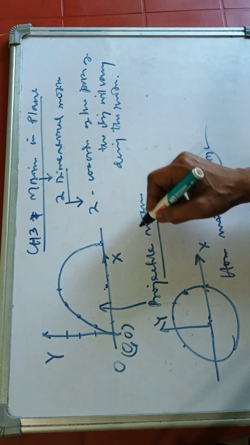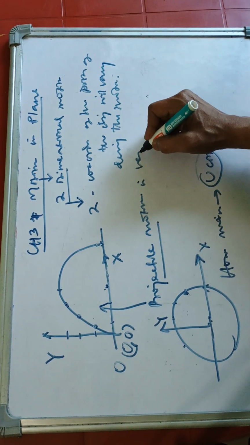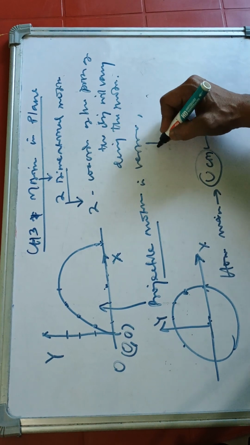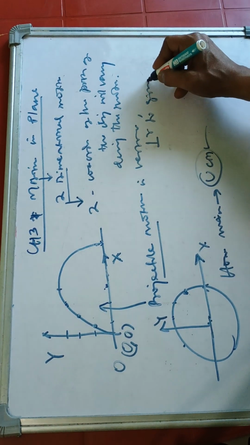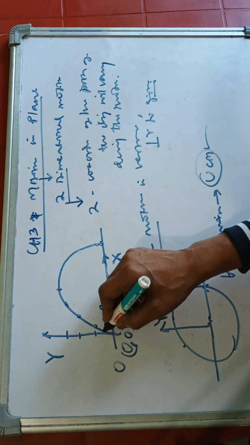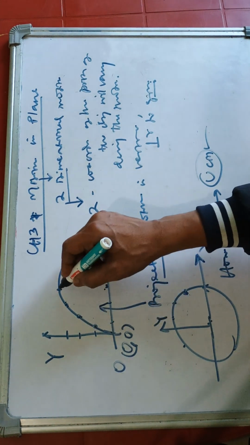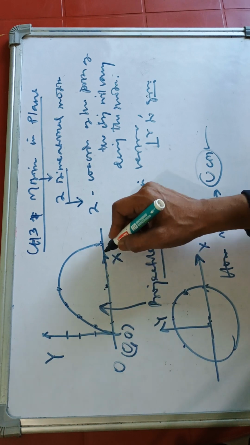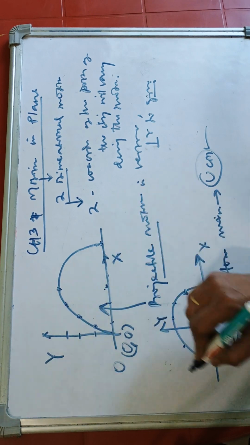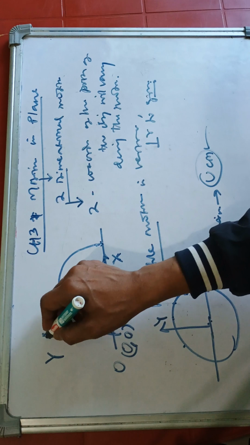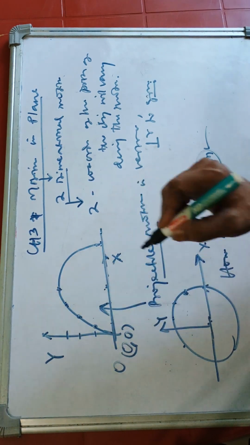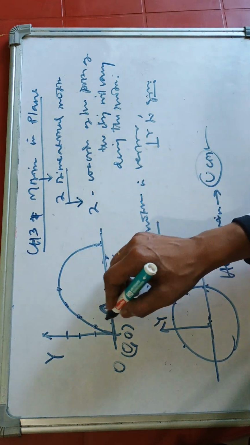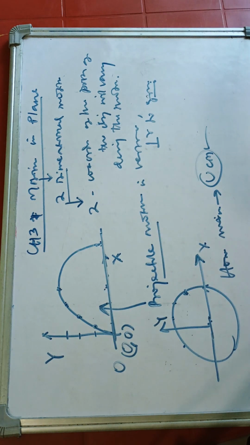Now projectile motion will be in a vertical plane, that is a plane perpendicular to the ground. At each instant both x and y coordinates will vary. Let x be the axis parallel to the ground and y perpendicular to the ground.